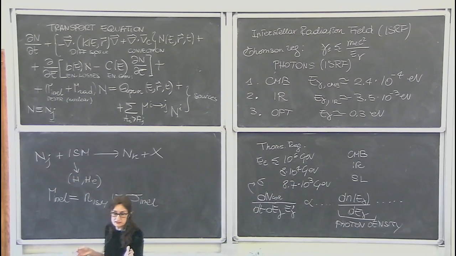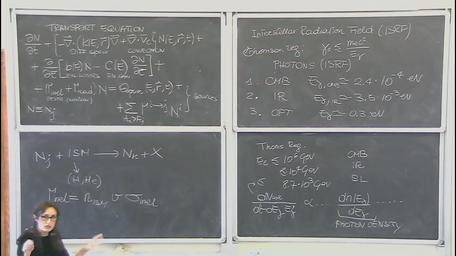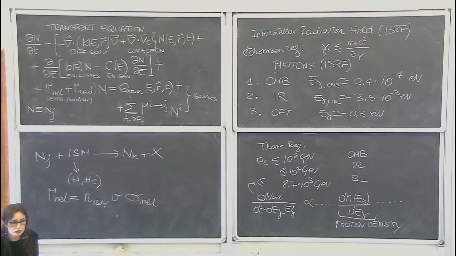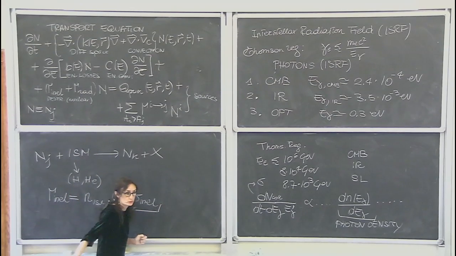But so far, in the propagation codes that people are using for computing cosmic rays in the galaxy, practically the only way is to have data, and these are not so frequent, and to try some very empirical fitting and modeling of the data. But not only do we need all the astronomy and astrophysics for magnetic fields or interstellar radiation field, but we also should discuss and see with our high energy physics colleagues how to get this data.